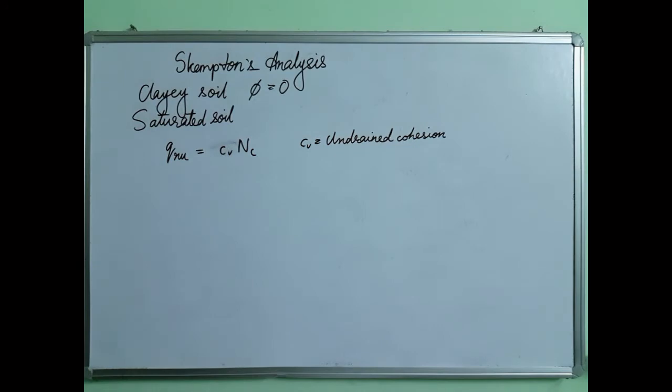And Nc is a function of the shape of the footing, okay, and the ratio of Df by B. Now see, in the previous case for Terzaghi, we had Nc, Nq, and Ngamma dependent upon phi, but here the Nc value is a function of the shape of the footing and the ratio Df by B. You can write that down.